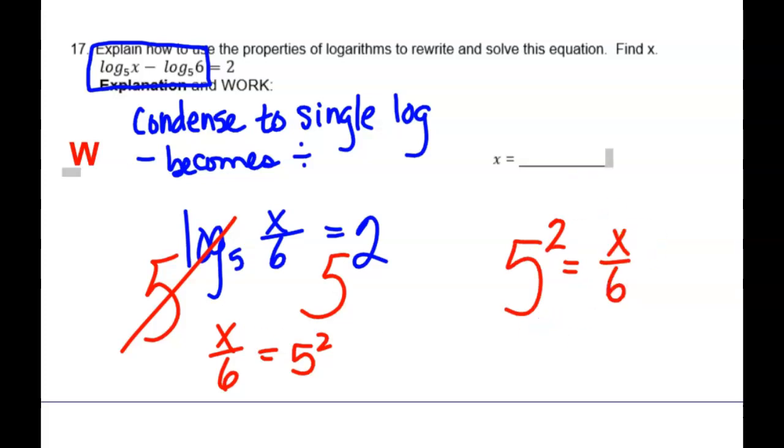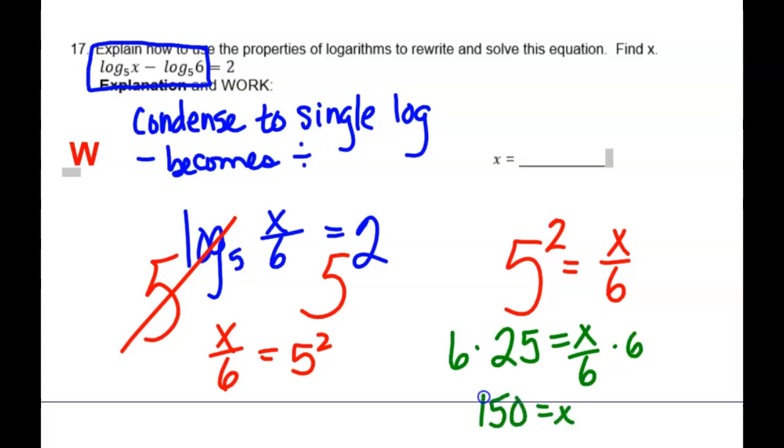How to get rid of divided by 6? You're going to have to multiply, right? Is it 150, guys? And you could put it back in your calculator and check. Log base 5, the log base is under math button. 150 minus log base 5 of 6 equals, and it should come up 2.